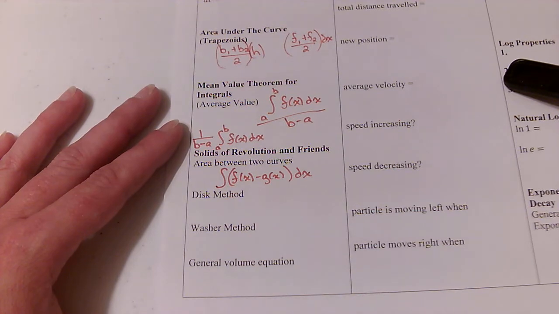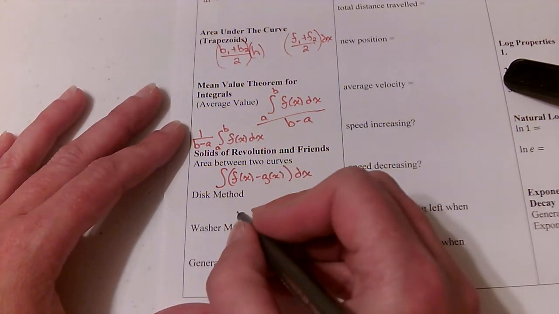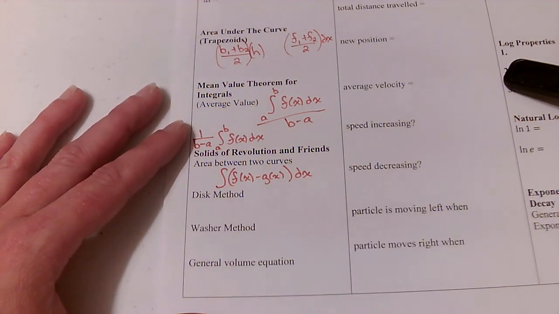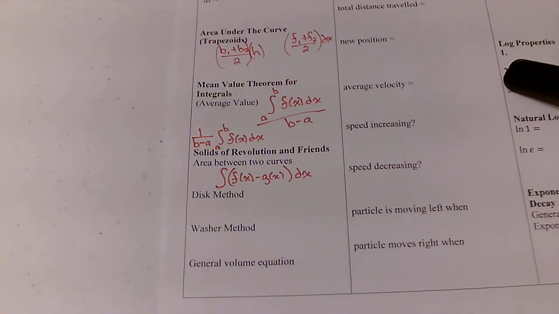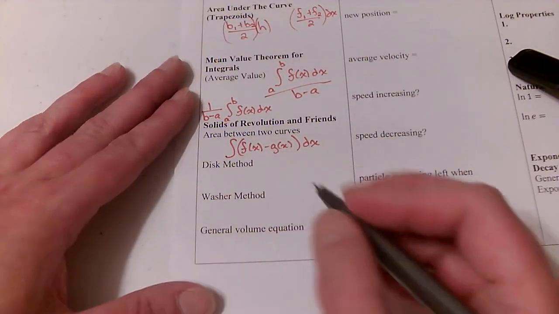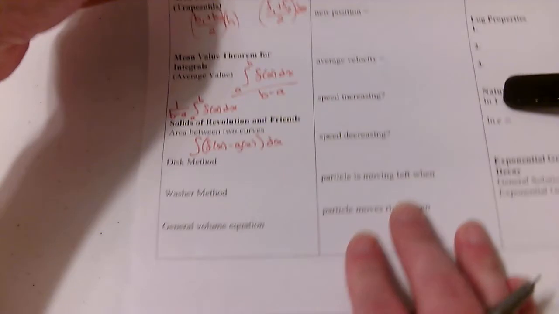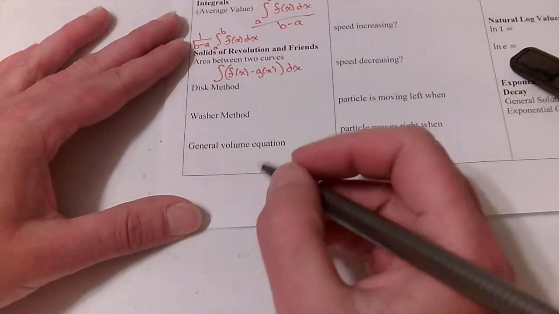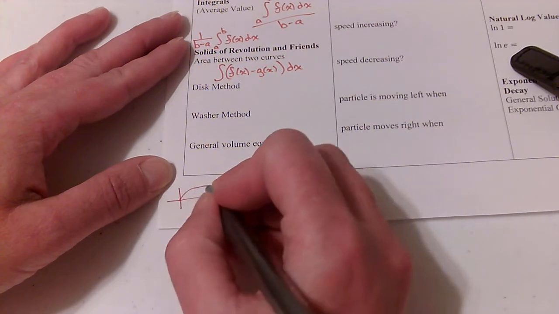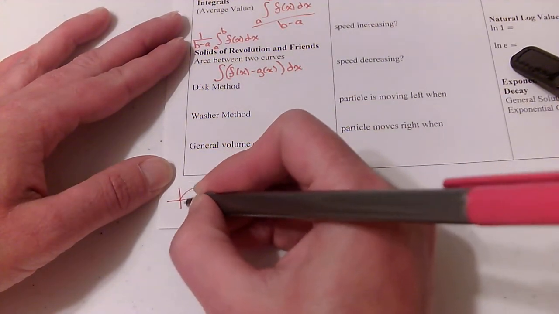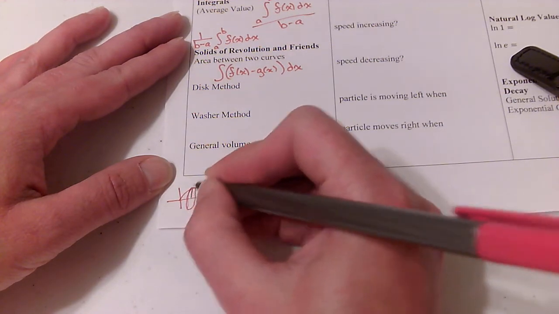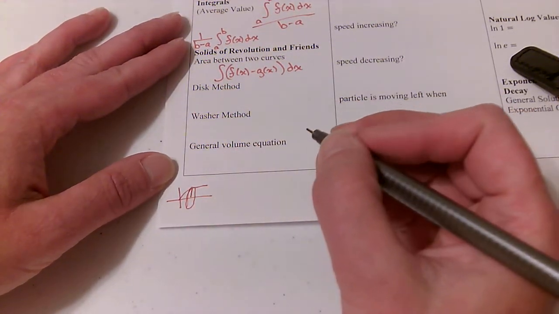Disk method. So when you have the disk method, remember you could have your function, and then you're rotating it maybe around the x-axis, and you need to know the radius there.